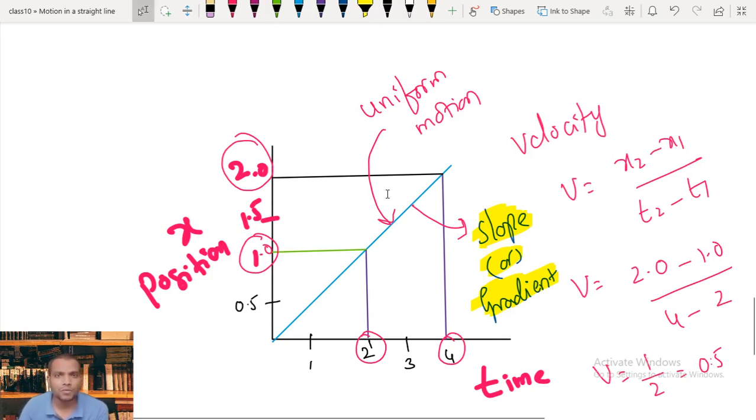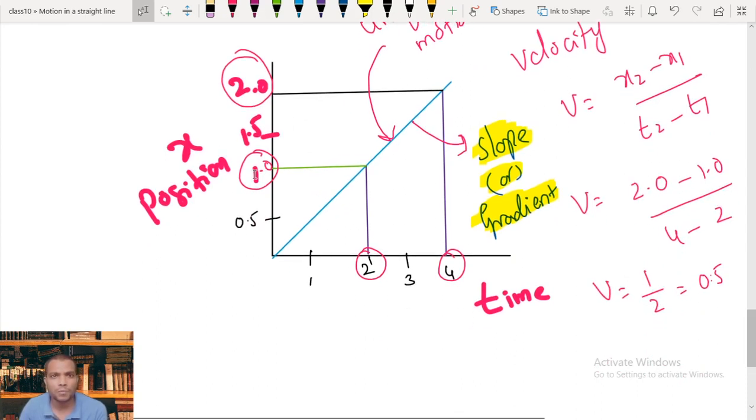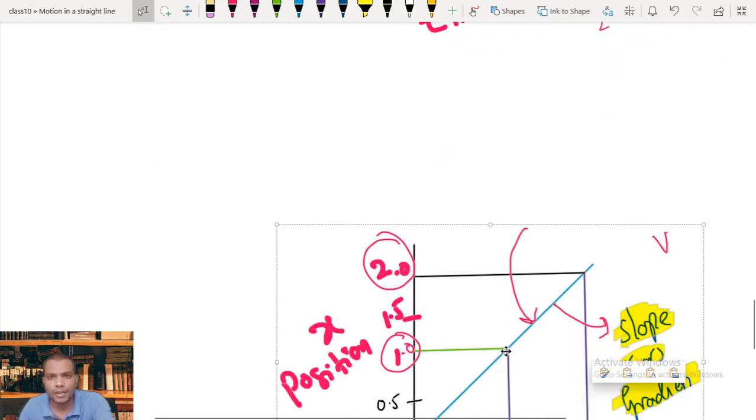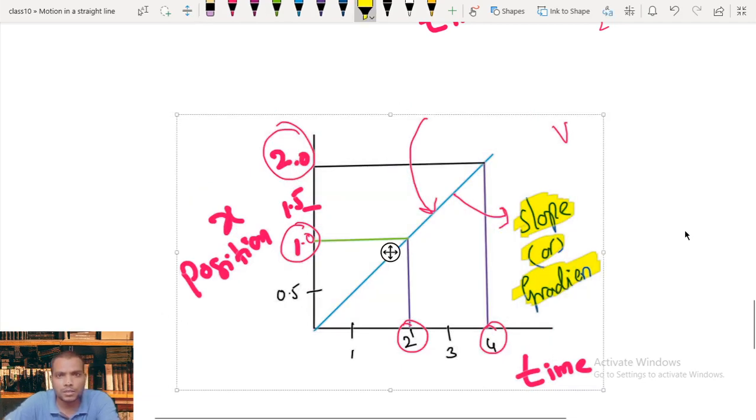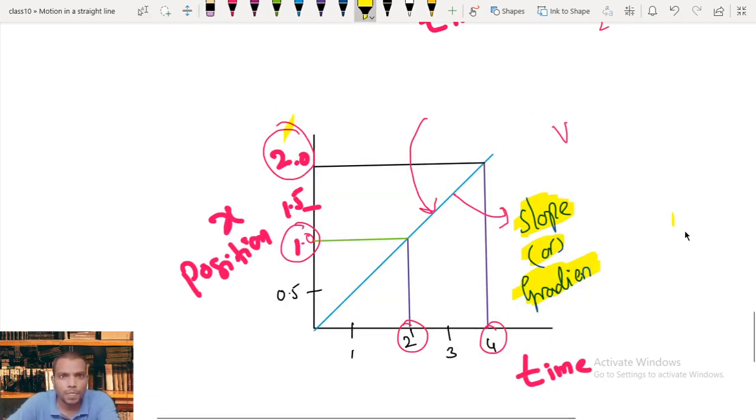Not only that, suppose if you take the slope of the curve, now instead of finding it between the positions, suppose I want to find the slope of the curve from the initial to final. So let me take this for small clarity.